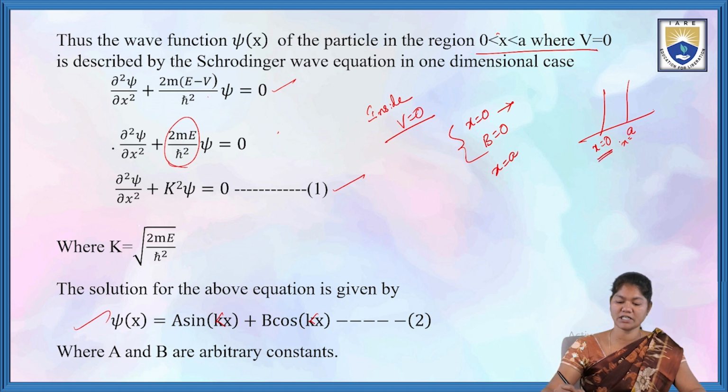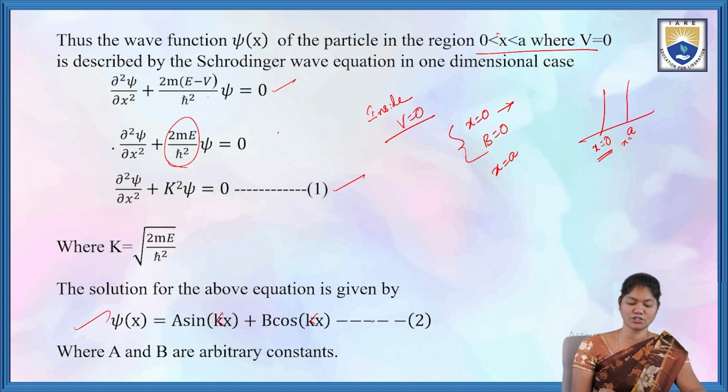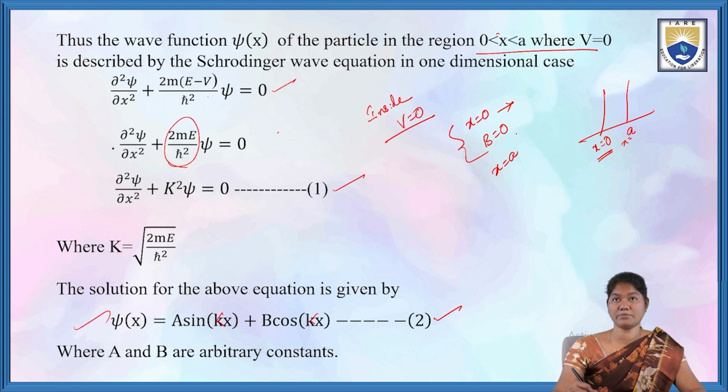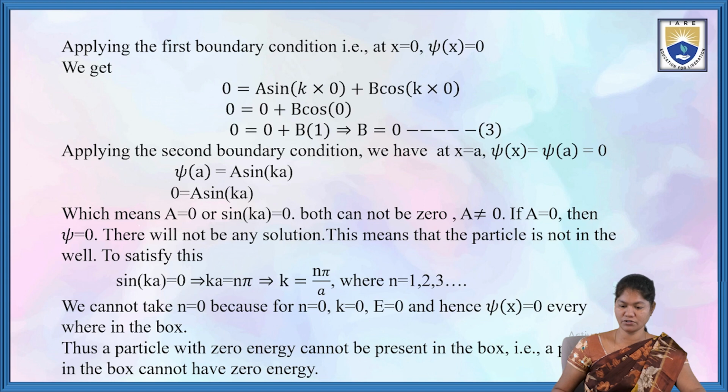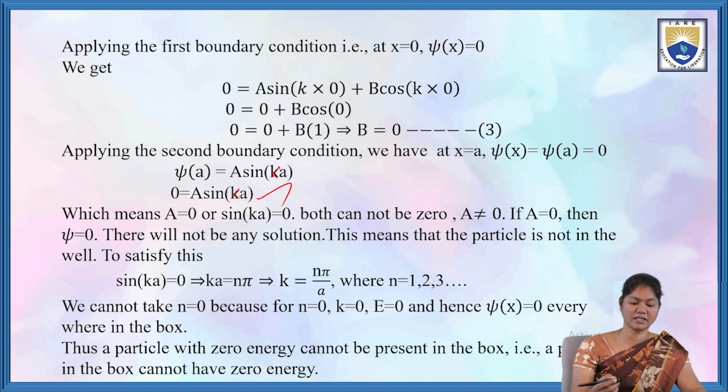The first boundary condition is x is equals to 0; substituting it in this expression, we got B is equals to 0. By applying the second boundary condition, x is equals to a, we get 0 is equals to A sin ka.